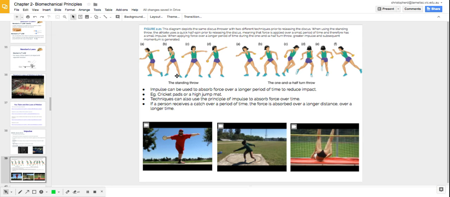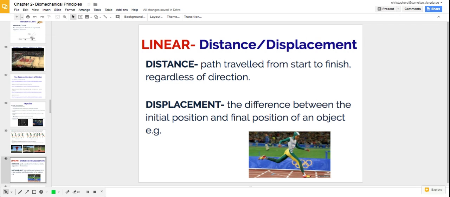With a standing throw, you use that little half spin, meaning that the force is applied over a smaller period of time, so it has a smaller impulse. If we use the 1.5 turn, we're going to generate greater impulse and greater momentum, okay, because the force is applied over a longer period of time. So that's obviously going to increase the distance that we can throw.